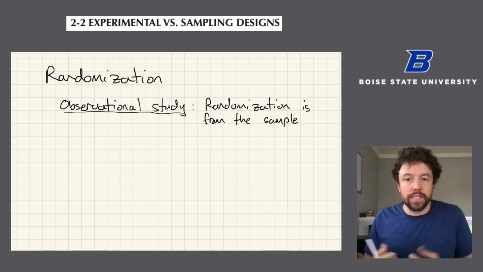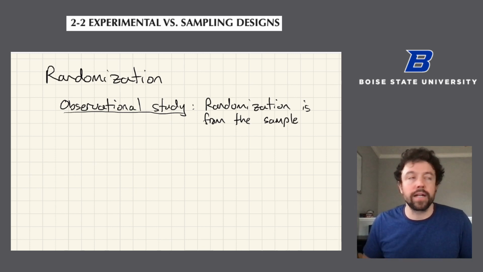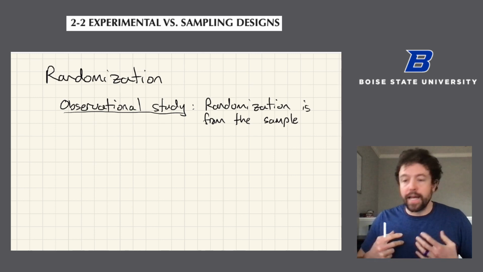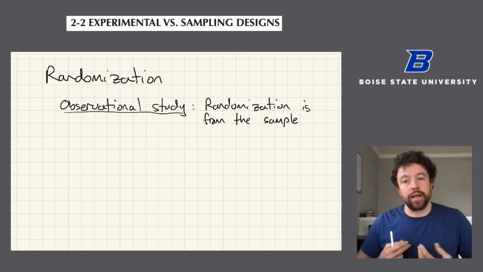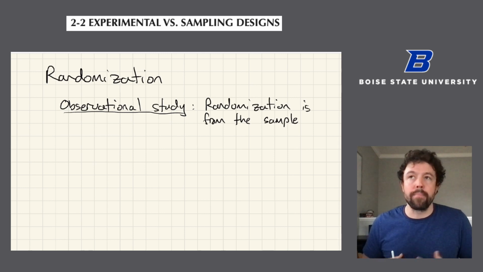In this section, you'll see there are various ways of obtaining a random sample, and saying, let's just get a random sample is a lot easier said than done. There can be lots of practical issues with truly getting a random sample. But the idea is that if your sample is randomly selected from the population, then we can use math to figure out how far off the values that we calculate should tend to be from the true values for the population. So the sample is where we get the randomization.